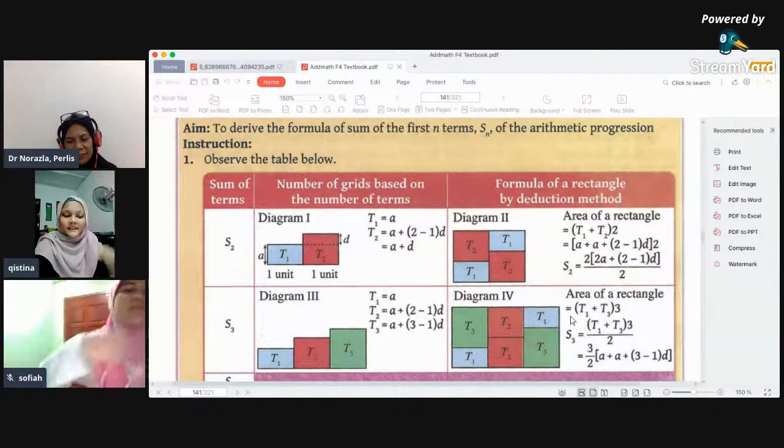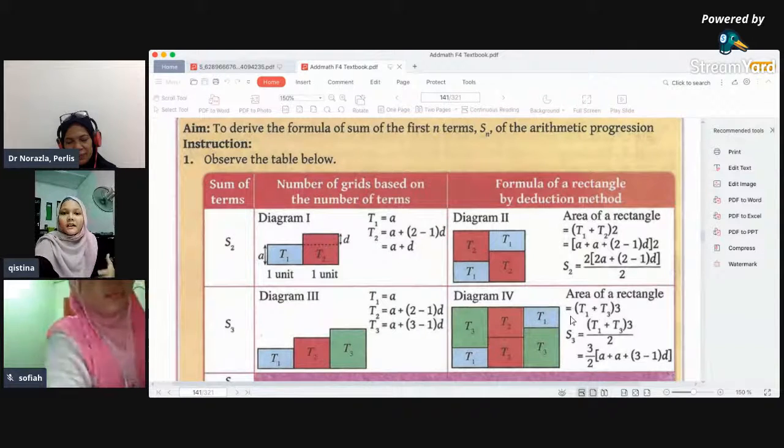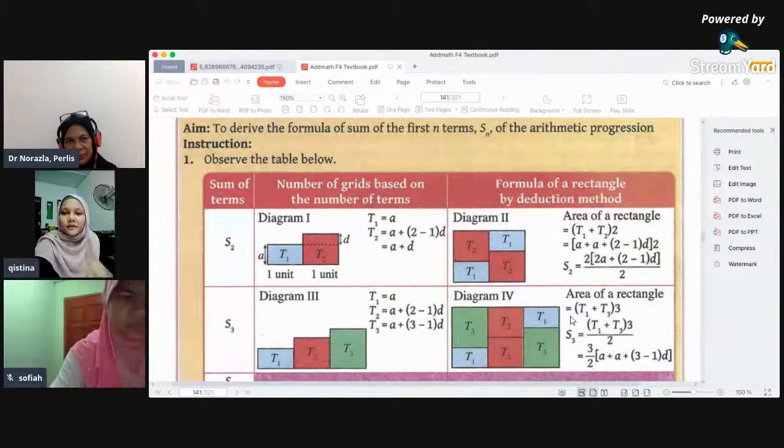Next step is to substitute the value of T1 and T2 to get the area of the rectangle. Now to get the sum, which is half of the area of the rectangle, we must divide the area of the rectangle by 2.